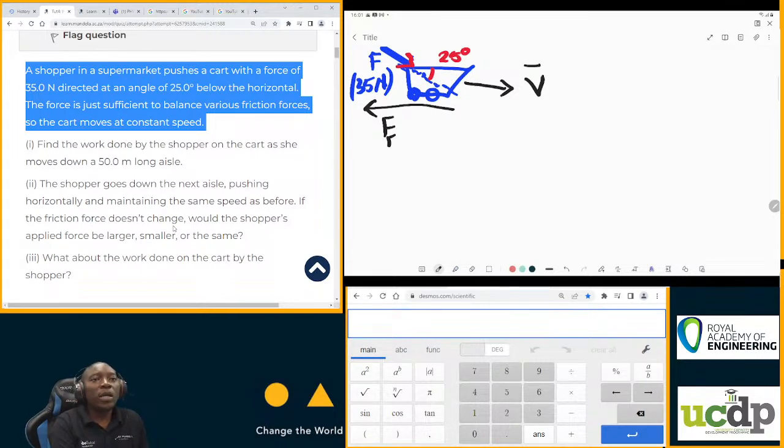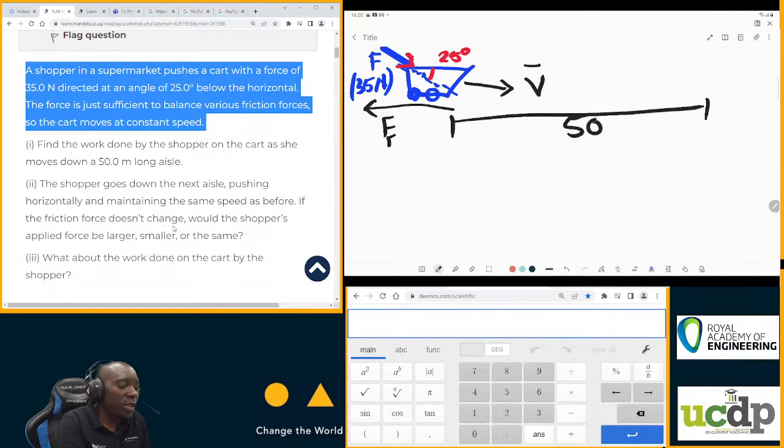Now find the work done by the shopper on the cart as she moves down a 50-meter long aisle. So in those 50 meters, what is the work done?